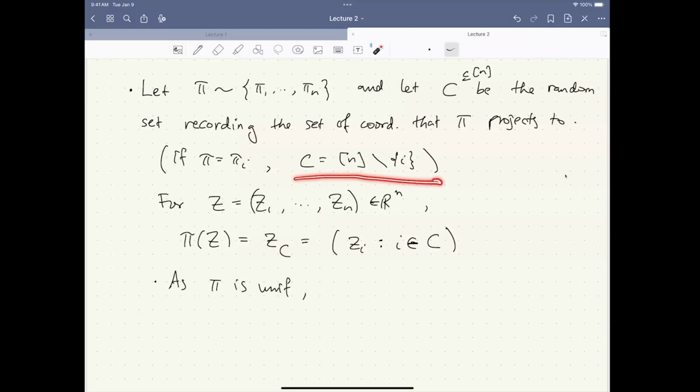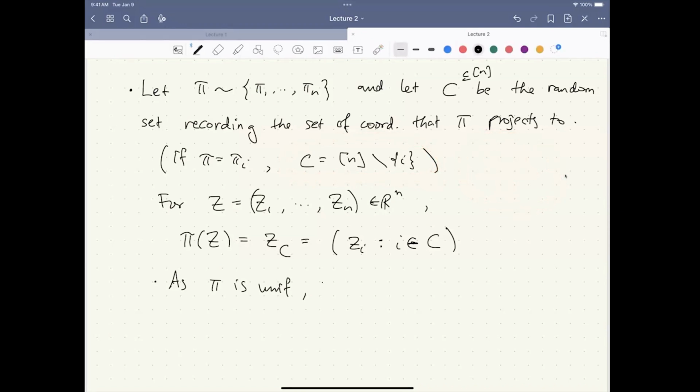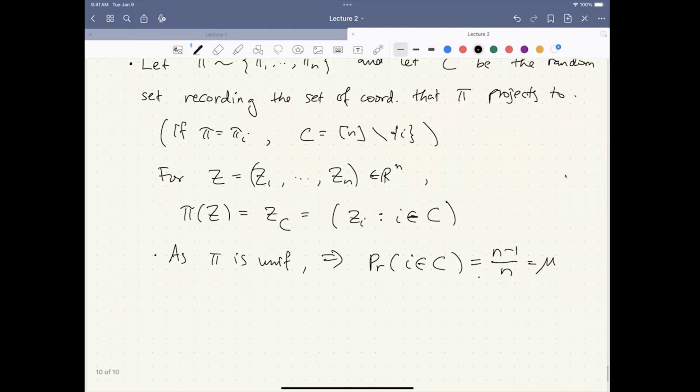So any direction I is included in C with probability n minus 1 over n, right? A uniform random n minus 1 subset is included in n. So the probability that I is in C is n minus 1 over n. Let's call this guy mu. That's the mu we're going to apply in Shearer's lemma.